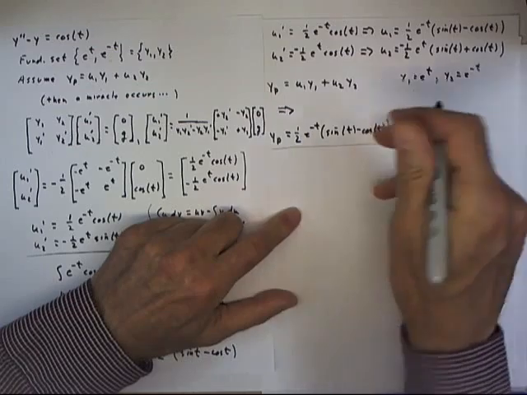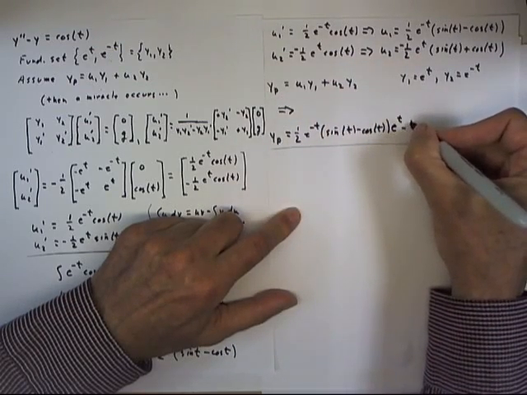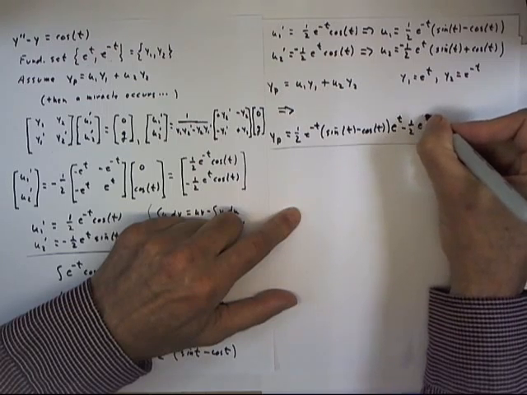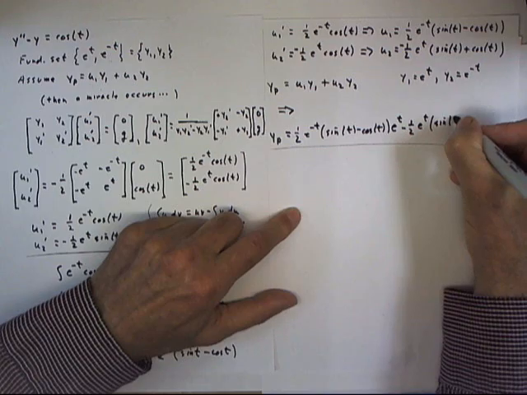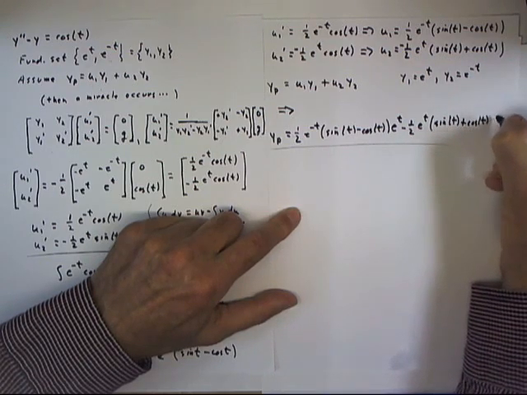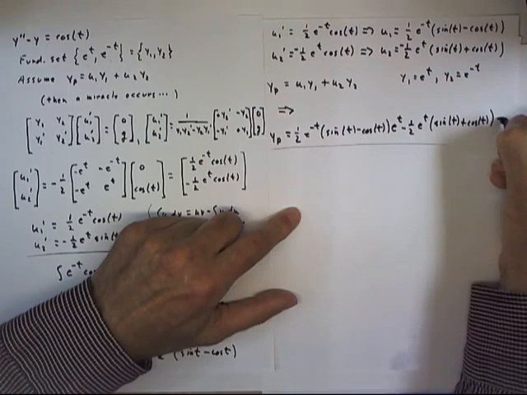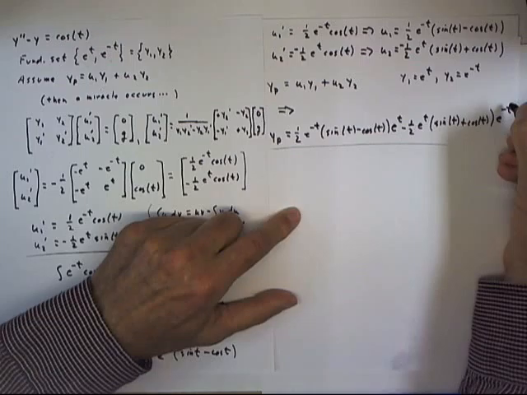And then it's going to be plus u2 y2, u2 being negative 1/2 e to the t times sine t plus cosine of t, and that's going to be multiplied then by the y2 function, which is e to the negative t.